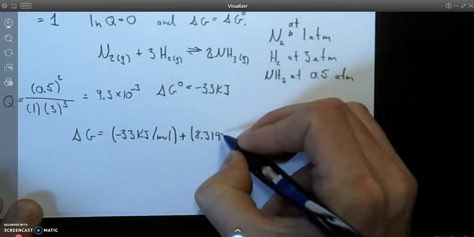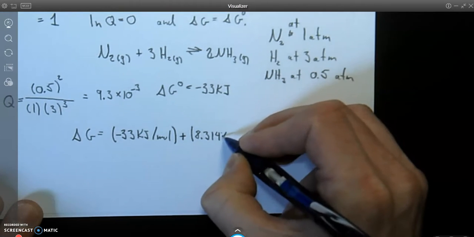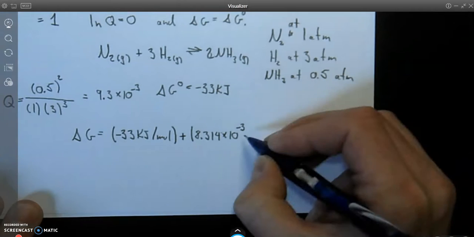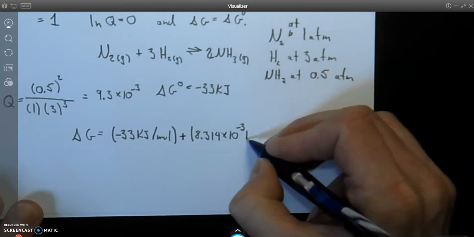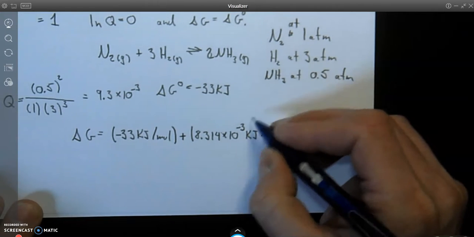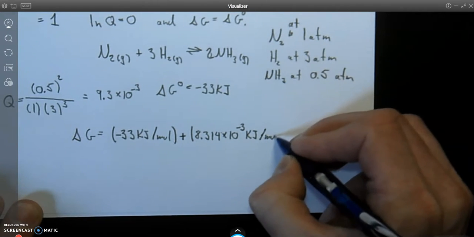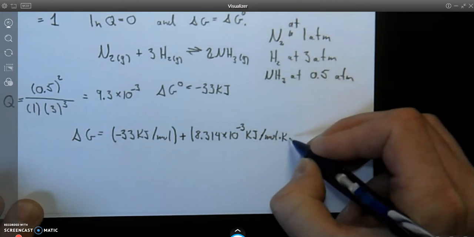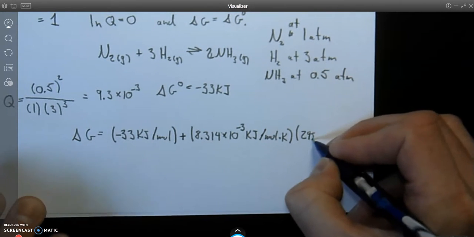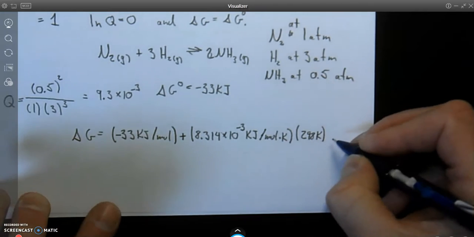And again, just following through on that equation just above. 8.314. Notice the R value we're using. Because we're talking about energy, we're going to use this one. But also notice that I changed it from joules to kilojoules to make sure all the units are going to jive out here. Per mole per Kelvin times the temperature in kelvins, 298.